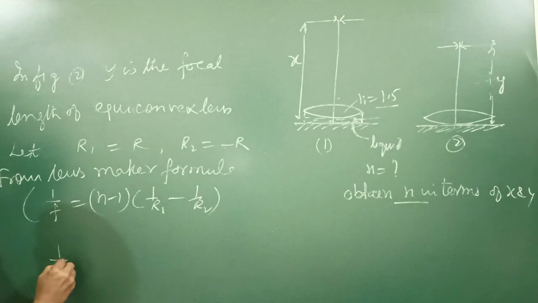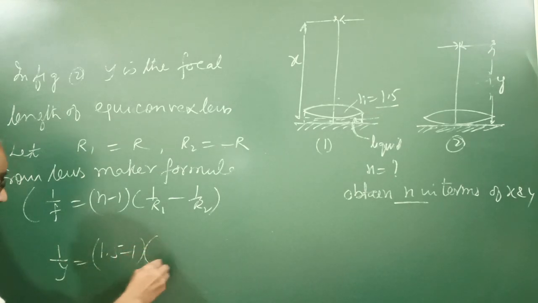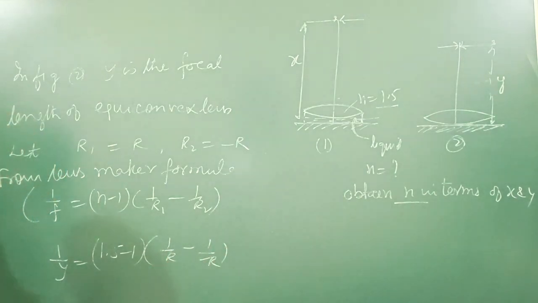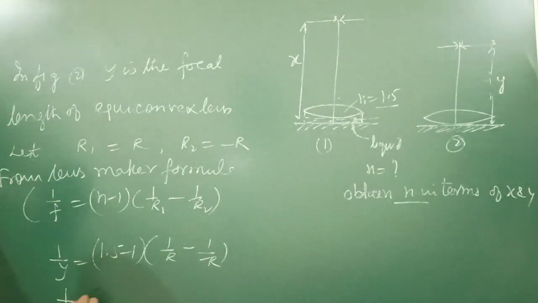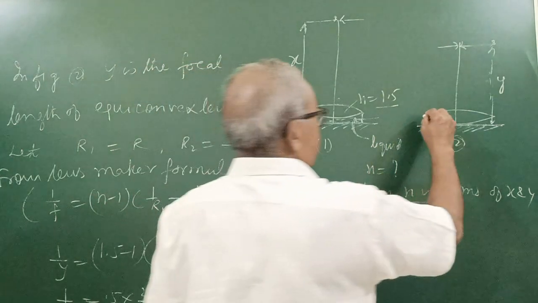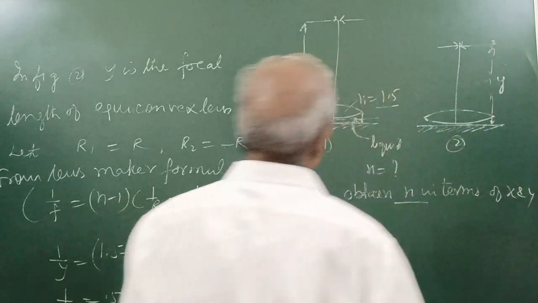So 1 upon y is equal to 1.5 minus 1 into 1 upon r minus 1 upon minus r. 1 upon y is equal to 0.5 into 2 by r. That is, y is equal to r. That is, the radius of curvature of this lens is equal to the focal length y.